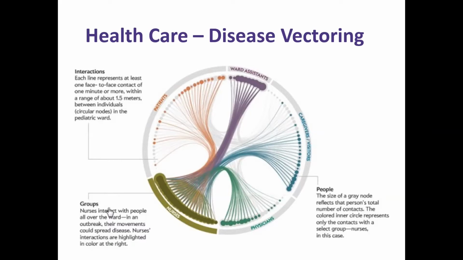As you can see, they have all the normal people who work in a hospital, including the patients, who are, of course, just there short term. Who is spreading this? Well, there's only one group of people who goes absolutely everywhere, and those are the nurses. So you normally look there first.